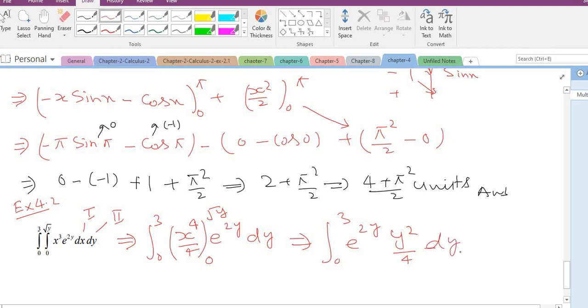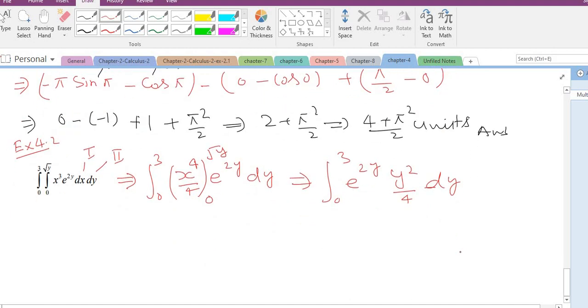It means that now you need to integrate this one by using the ILATE rule because of product. So ILATE rule means just see that one, y square is the first function and e power 2y is the second function. So first differentiation 2y, and differentiation of 2y is 2 and 0.